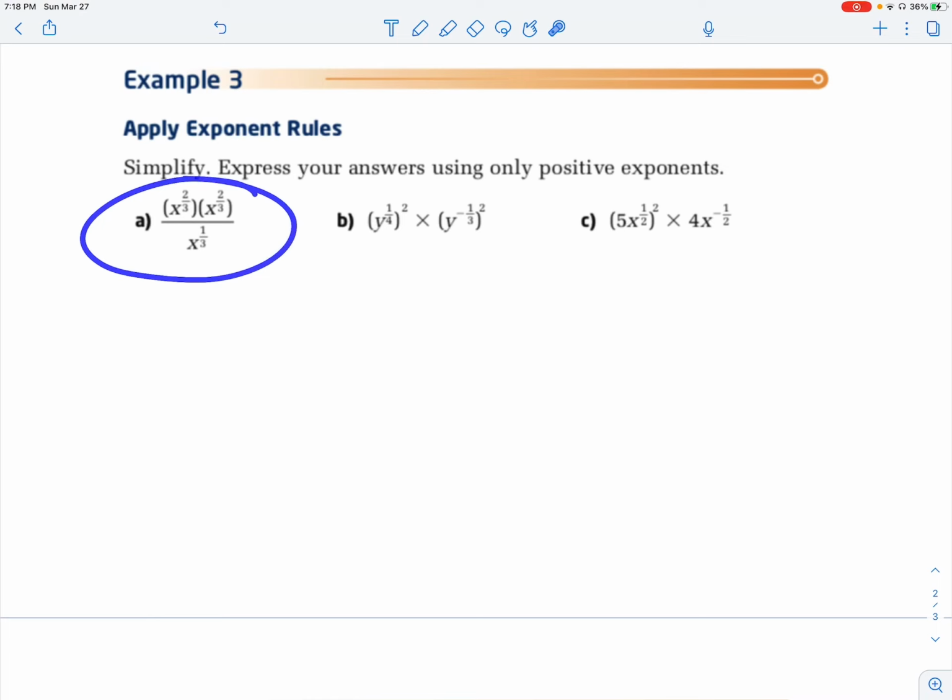All right, let's begin with this one here. I can see in this expression on the top, there are two powers being multiplied that have the same base. They both have base x. So we should apply the product rule.